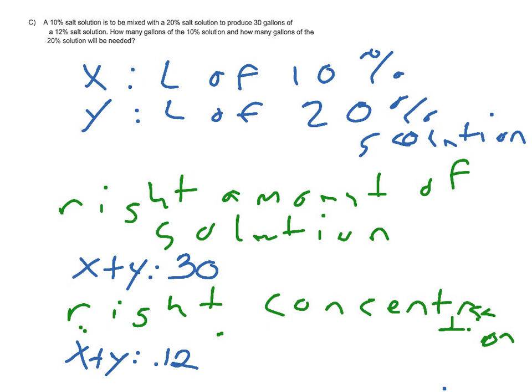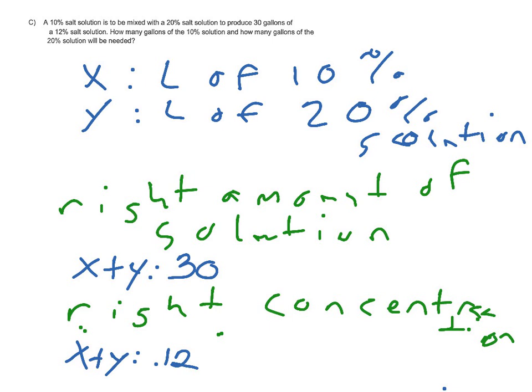So how much salt actually comes from the 10% solution? Like if you have 3 liters of 10% solution, how much of that solution is salt? It would be 3 times 0.1, wouldn't it?